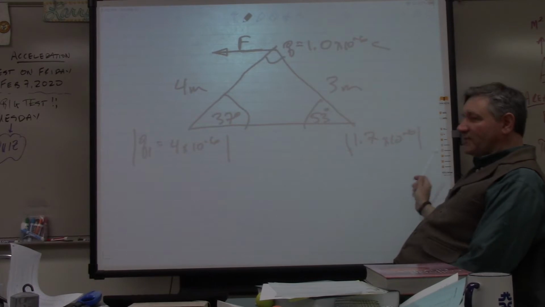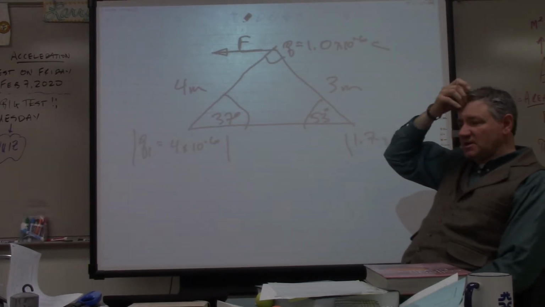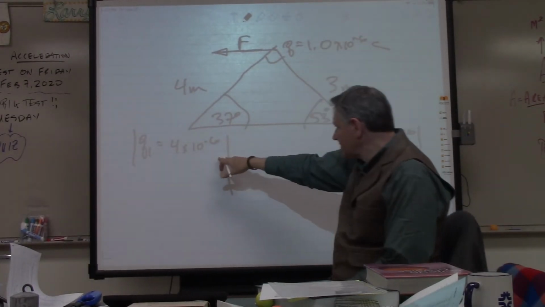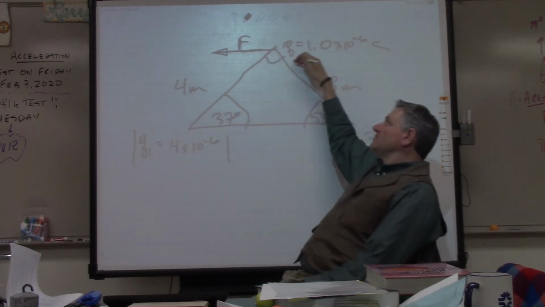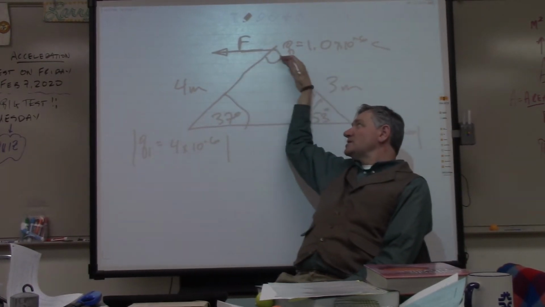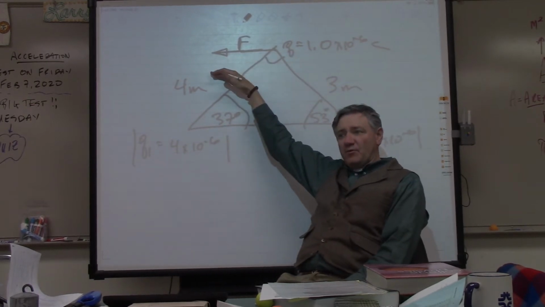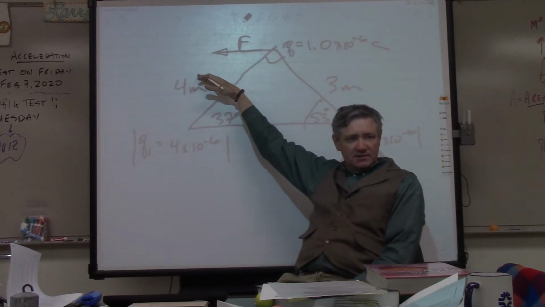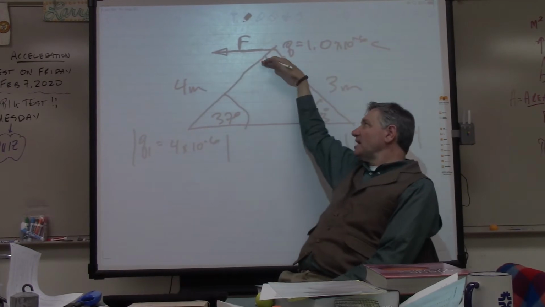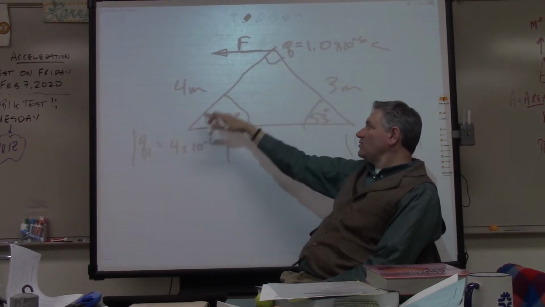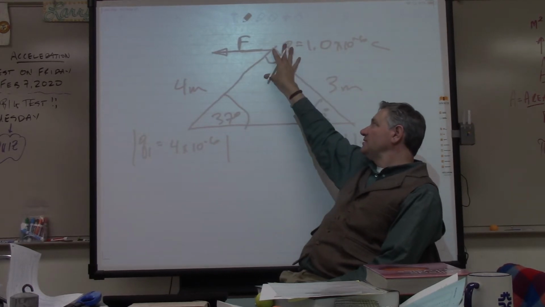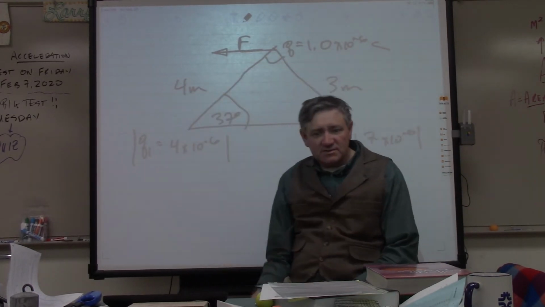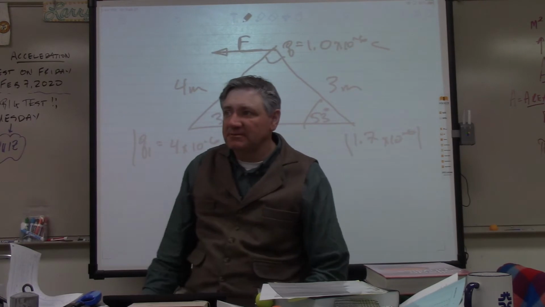The first question is what charge these two have to have so that the net force on the charge up here acts only in the x direction. What would these charges have to be so that the net effect produces a force only in the horizontal direction?